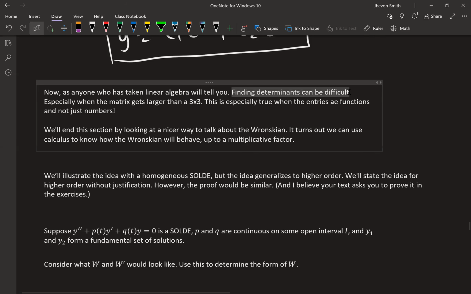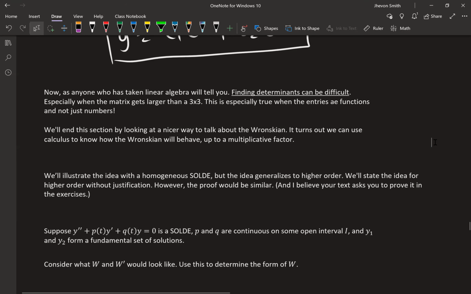The bigger your matrix is, the harder it is to find a determinant. And even for a computer doing this, finding determinants is going to be very difficult in general if you start getting big enough. And this is true with just numbers in the matrix. So imagine it can be a lot more difficult when we have functions in the matrix.